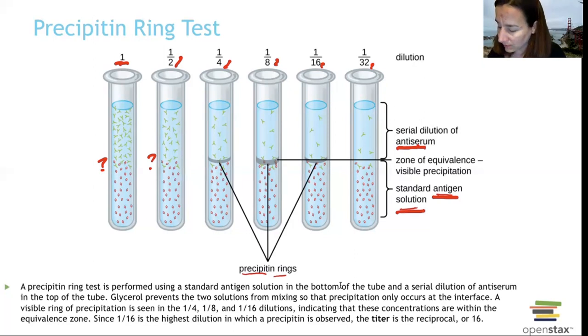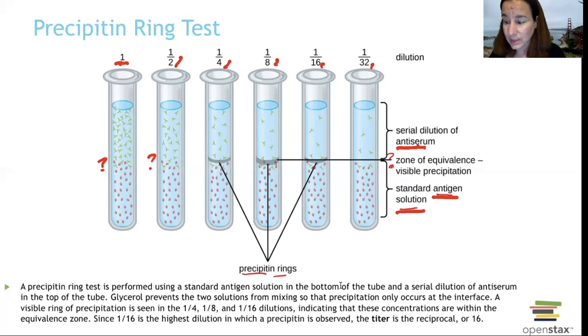So what we're looking for is the least concentrated out of our serial dilutions. Who's the weakest serial dilution where we can still find a precipitin ring? In this case, we found a precipitin ring here, and we did not have one here. We missed our zone of equivalency. It's not equivalent anymore.